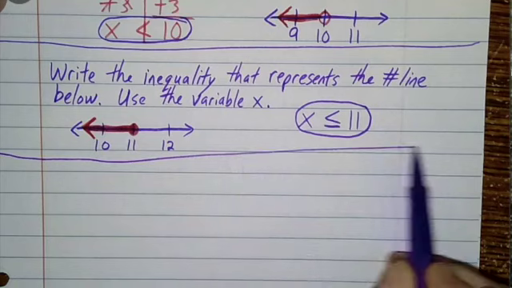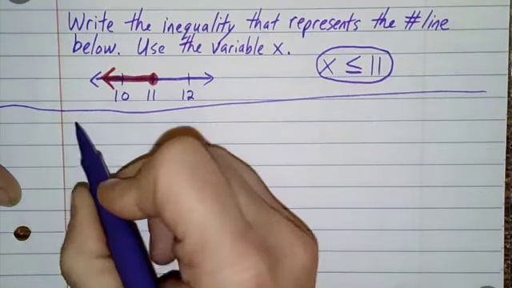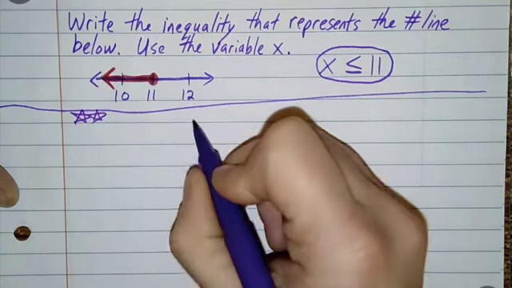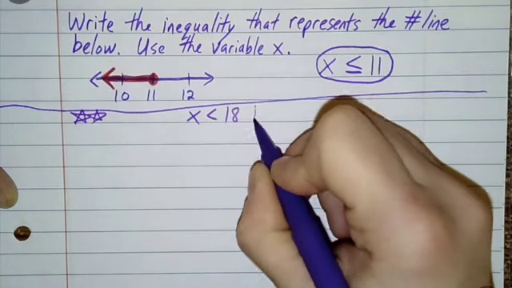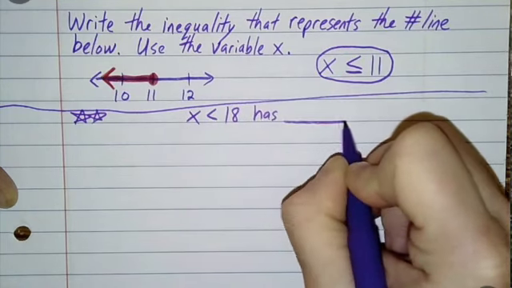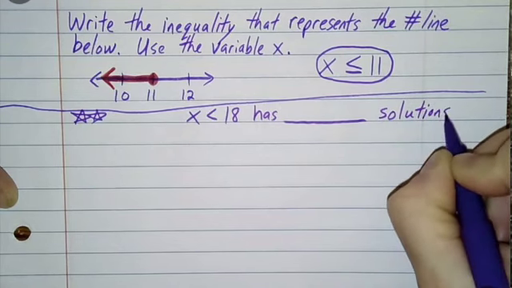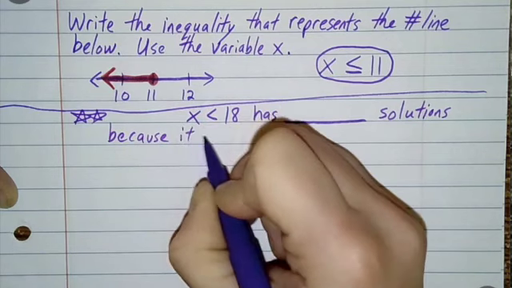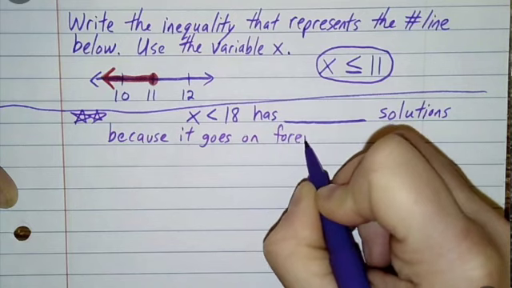Another thing in our notes, I'm going to put a star here, actually 2 stars. I'm going to write it on this line: x less than 18 has blank solutions because it goes on forever.